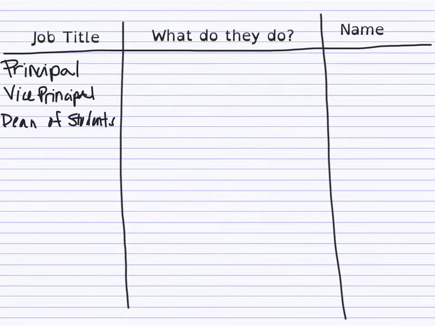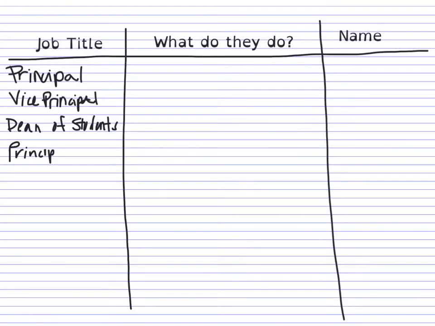We're going to talk about the principal secretary. And I'm going to abbreviate secretary. Okay. If you know what it means, you can abbreviate too. If you don't, go ahead and write it on out. And then we have the vice principal's secretary.